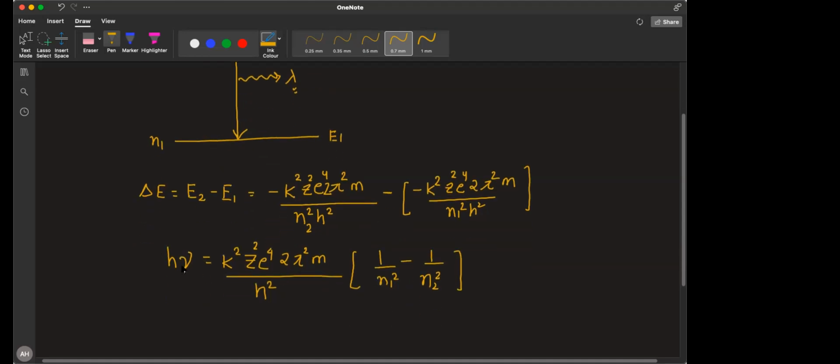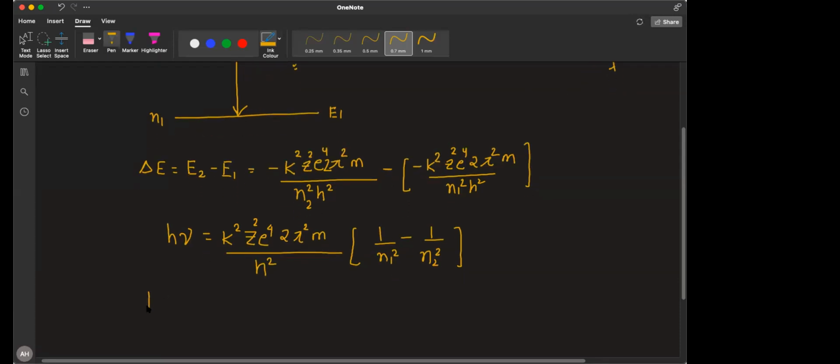You need wavelength, not frequency. Does anyone remember any relation between wavelength and frequency? Nu is equal to c by lambda.